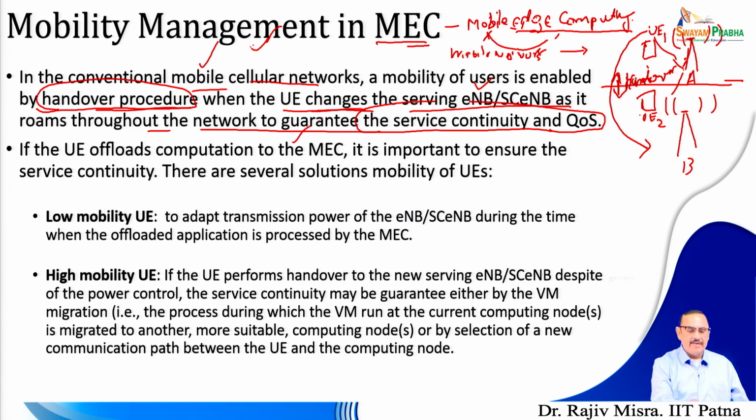So, it has to guarantee the continuity of the applications, that is the service continuity and quality of service, that is the applications which are running ensures also the continuity of the service and also ensures the quality of service requirements.